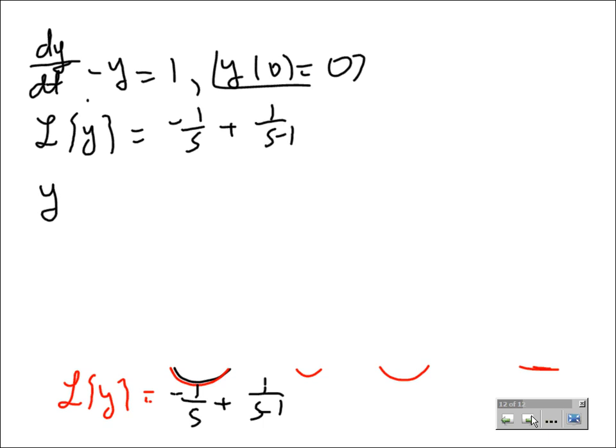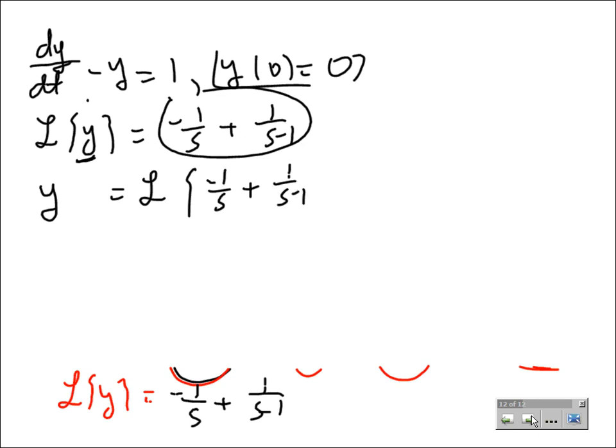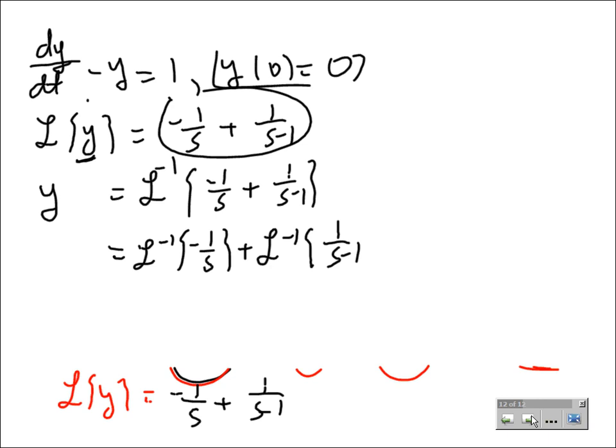So y, if I interchange this and that, y is equal to L of negative 1 over s plus 1 over s minus 1. Except when you switch, you have to put inverse. So this becomes the inverse of negative 1 over s plus the Laplace inverse of 1 over s minus 1.